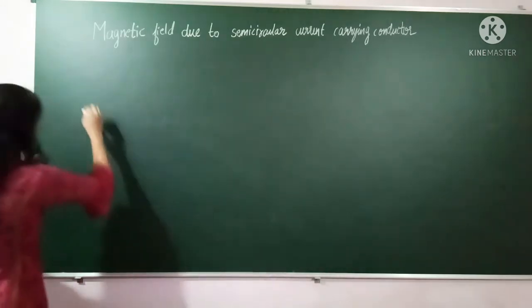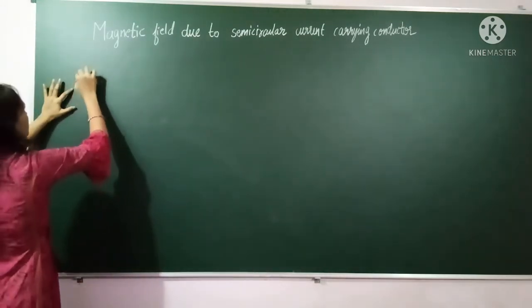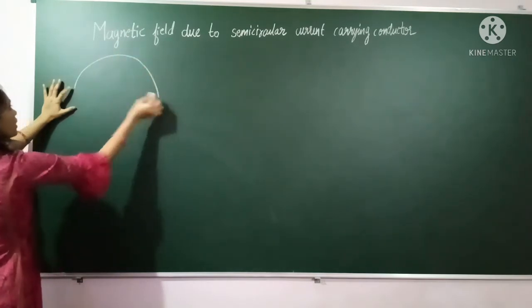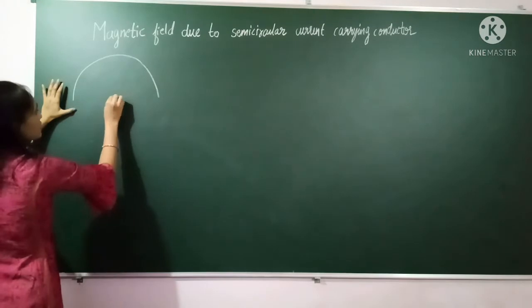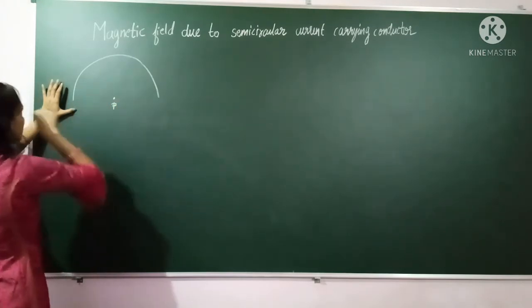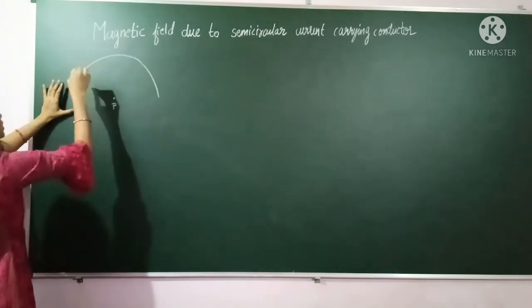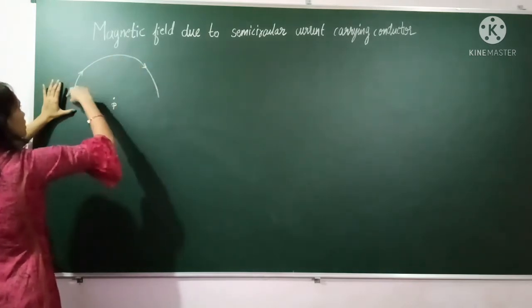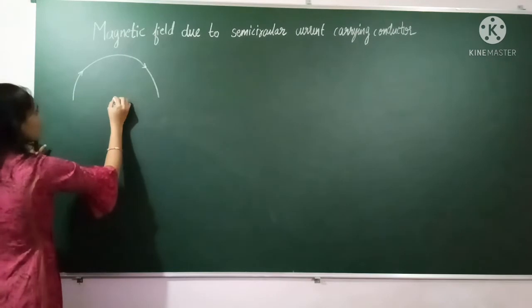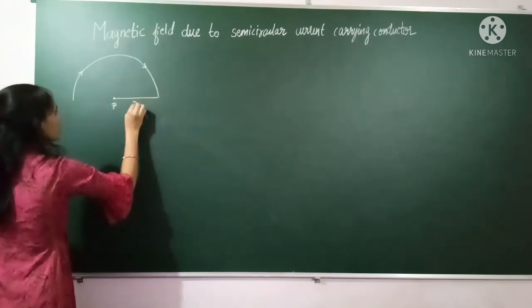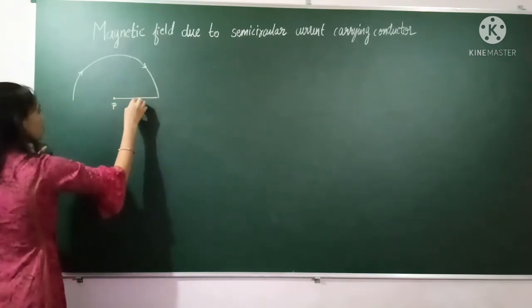First we will take one semicircular wire. In this semicircular wire, this is the center point P, and current is flowing in the clockwise direction. This is the radius of the semicircular conductor.